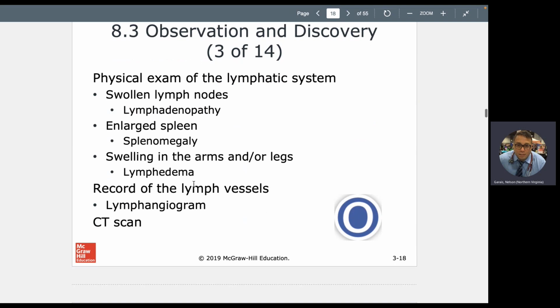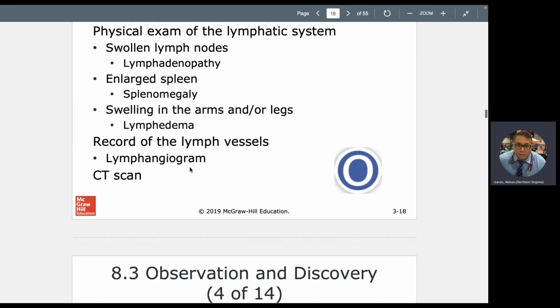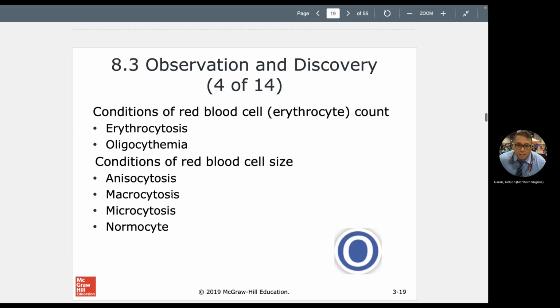Lymphadenopathy, splenomegaly, lymphedema, we already went over. Lymphangiogram. Gram is the actual recording of the lymph vessel, and vessels are angio. Erythrocytosis, oligocytemia, we already learned what oligo means, is progressively decreasing.